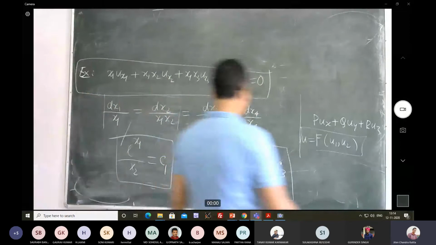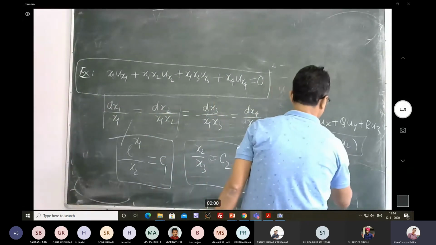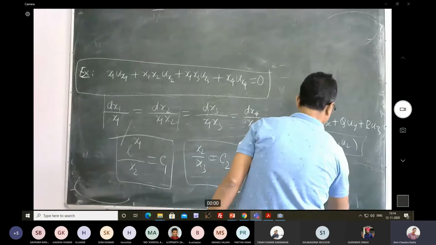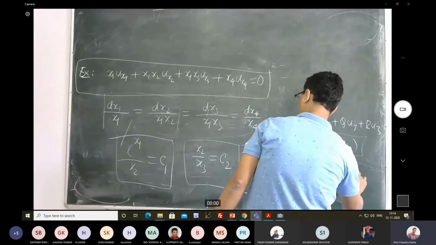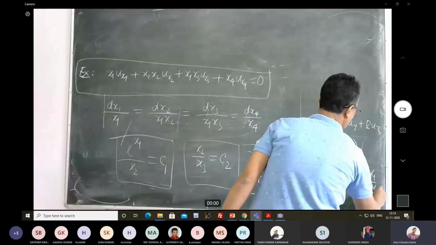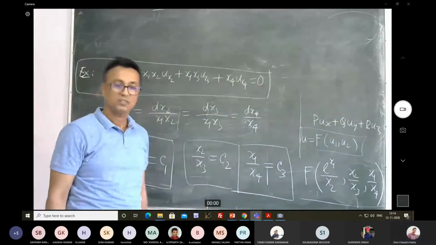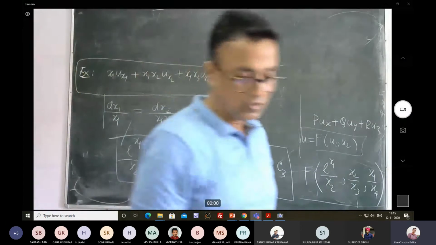So a general solution is simply given by something like this. You can simply write it like this: F of x1 by x2, then x2 by x3, then x1 by x4. A general solution is given by this. That's okay. Fine.